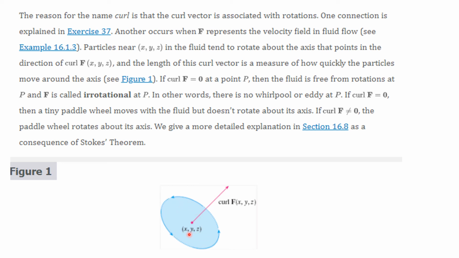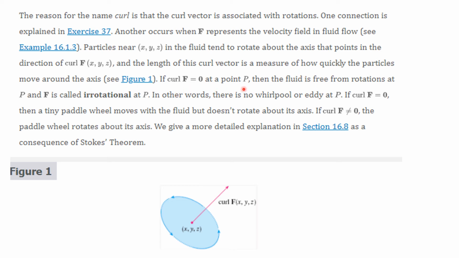If you think about the right-hand rule, that makes clear sense, because you curl your fingers this way and your thumb points in the direction of the curl. So particles near x, y, z in the fluid tend to rotate about the axis that points in the direction of the curl, and the length of the curl vector is a measure of how quickly the particles move around.